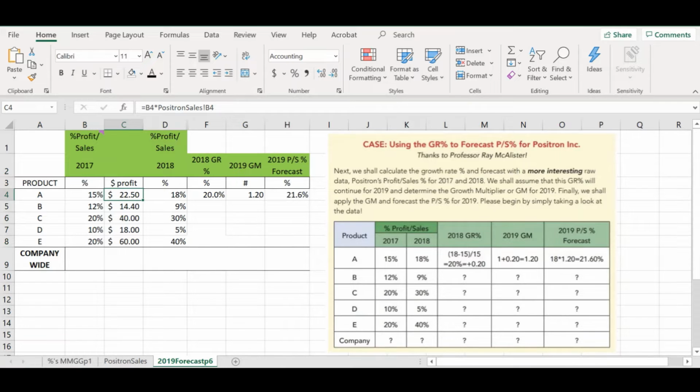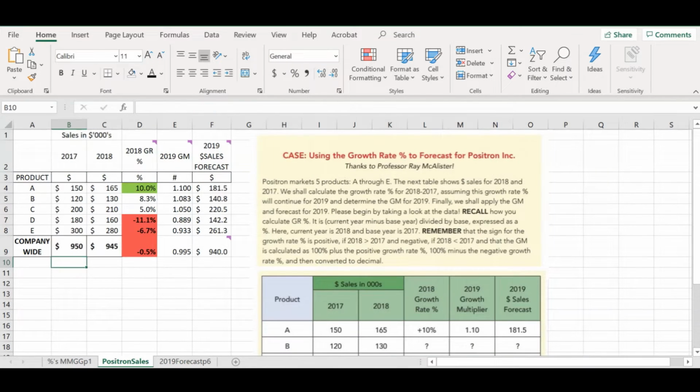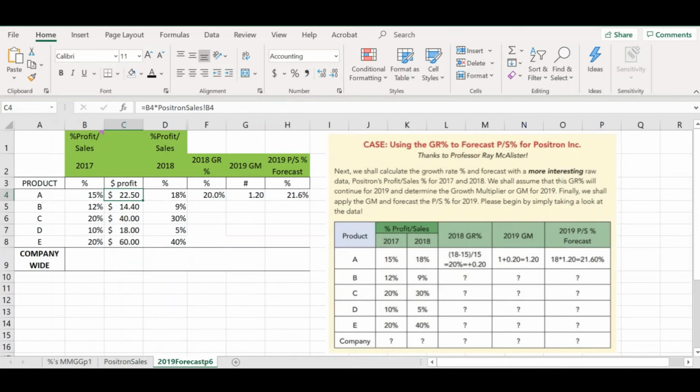You see, this 15% that's been given to us as part of the data for product A in Positron is actually saying that the sales number we gave you last time, in my previous section, where I had $150,000 in sales in 2017 for product A, that was the top line sales number. I'm actually looking at 15% of that number as profit.